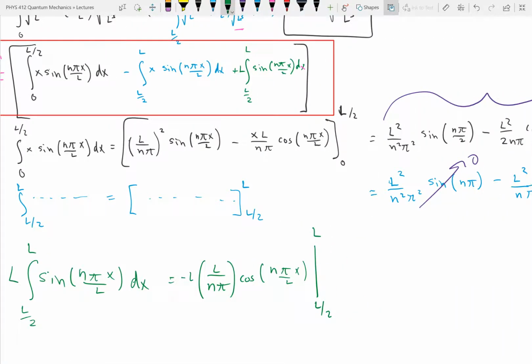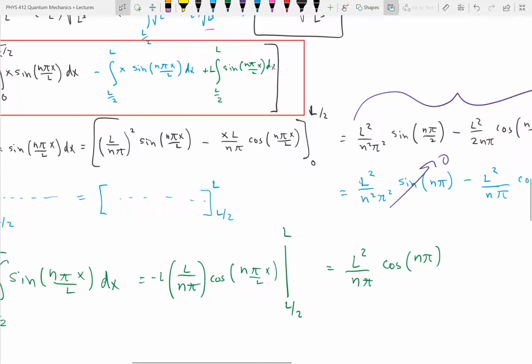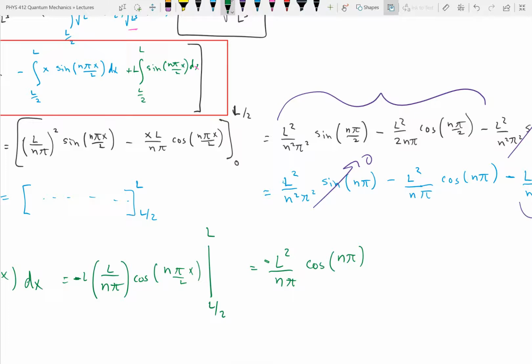And so then putting in our limits, there's a minus sign out here from the integral being a minus cosine, so don't forget that. I still have it on replacing shape, so it made that into a box. So the second one's going to be plus because it's minus a minus.